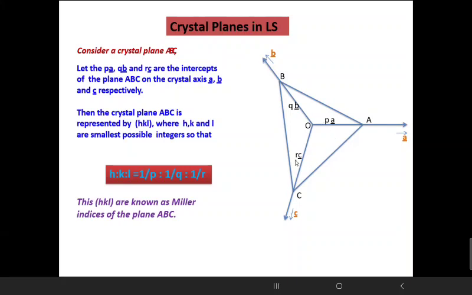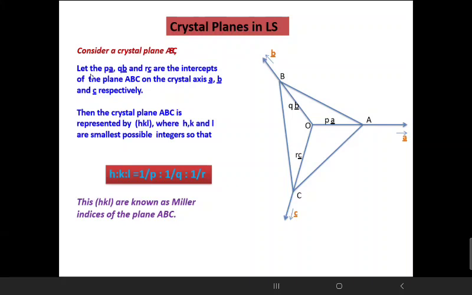So a, b, c are vectors, and p, q, r are coefficients of those particular vectors a, b, and c. By using these three intercepts, you can find out the Miller indices. Here h, k, l are denoted as Miller indices. So h : k : l equals 1/p : 1/q : 1/r. The reciprocal of the intercepts will give the Miller indices.